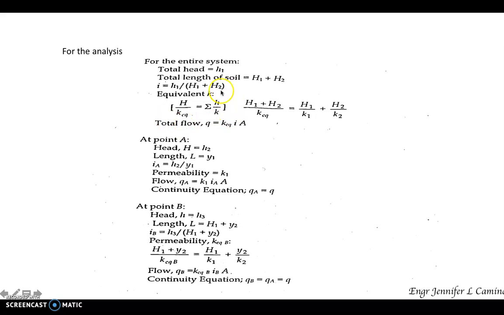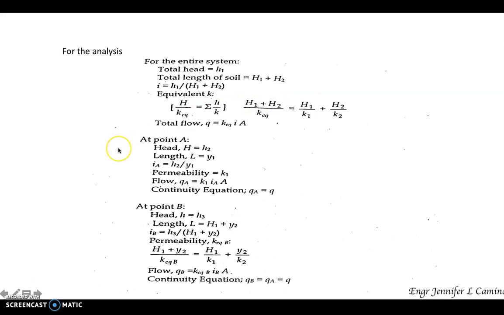This is the formula that you're going to use to compute the equivalent K, as presented a while ago. Then you can compute for the entire system the total flow, small letter q, which is K equivalent that we have computed times i times the area of the soil sample. This is considering the entire system.